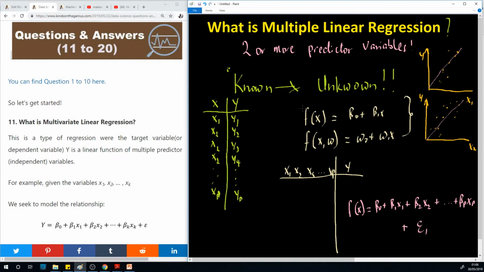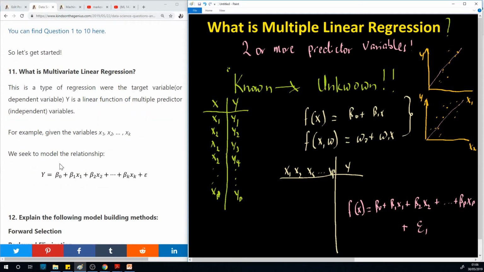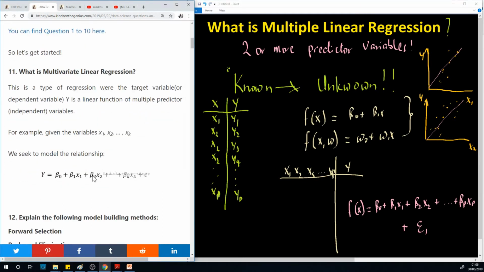So this is basically what multiple linear regression is all about. And I've actually written it here. You can see, for example, given the predictor variables, or the independent variables x1, x2, all the way to xk, we seek to model the relationship given in this way.